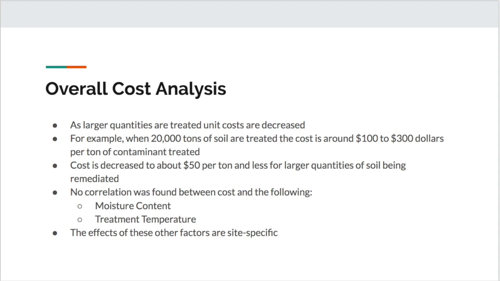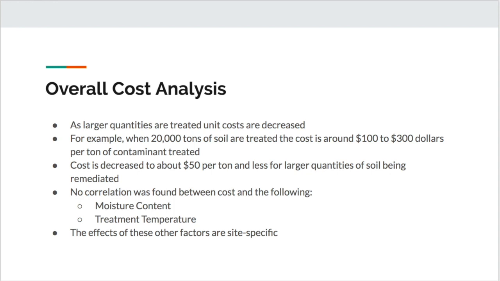So, say the price is $300 per ton and you're treating 20,000 tons, the cost is about $6 million versus at $100 per ton and 20,000 tons, the cost is about $2 million. So this is about a $4 million difference in price. So you want to limit that as much as possible.